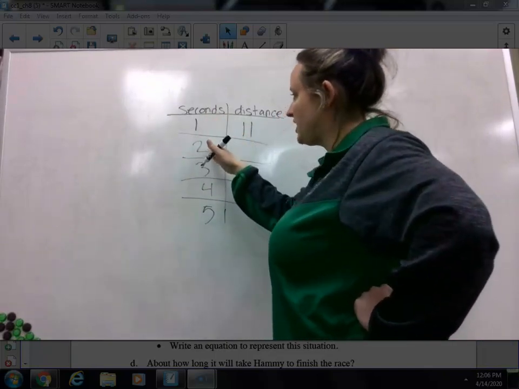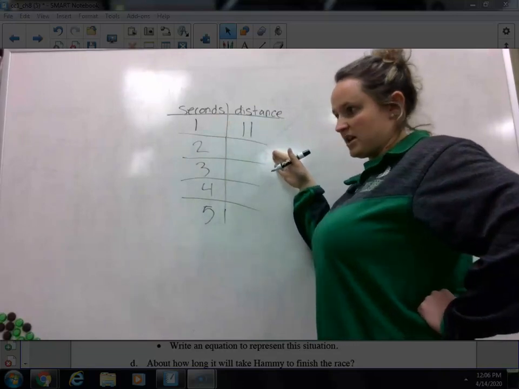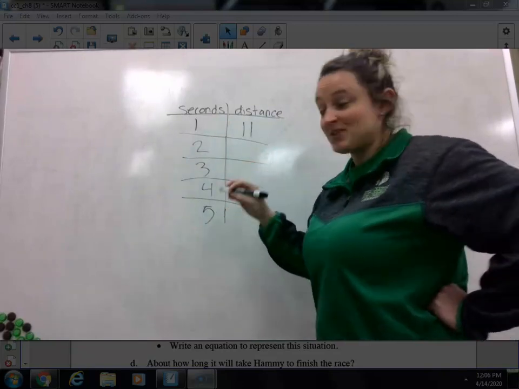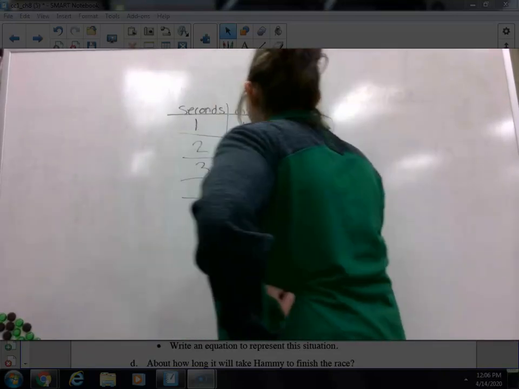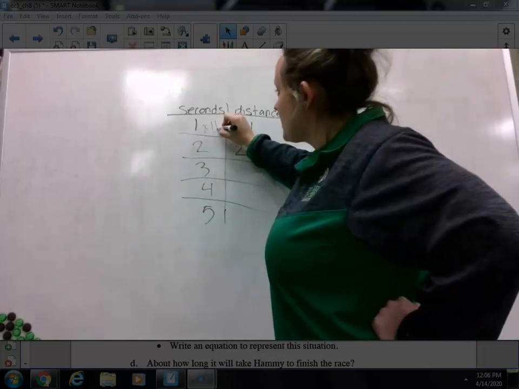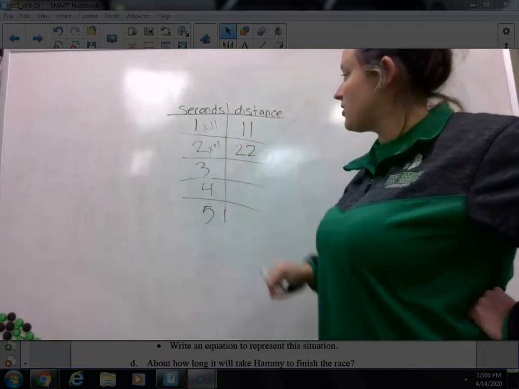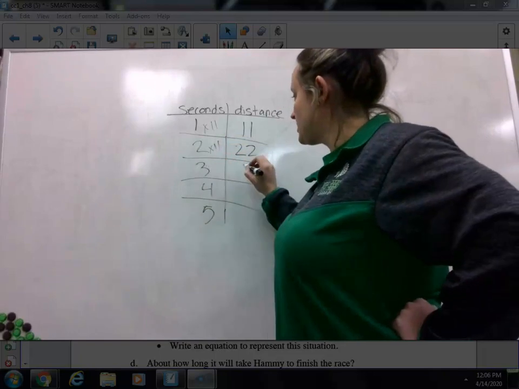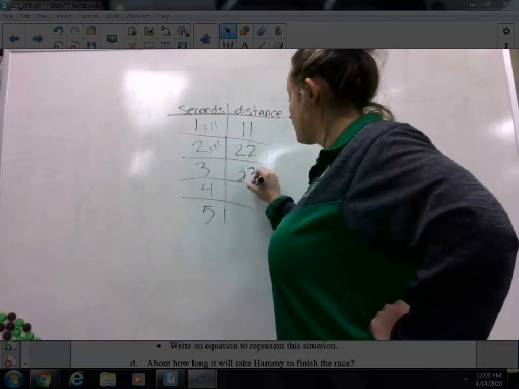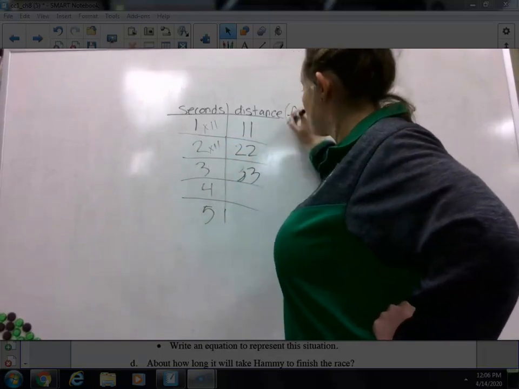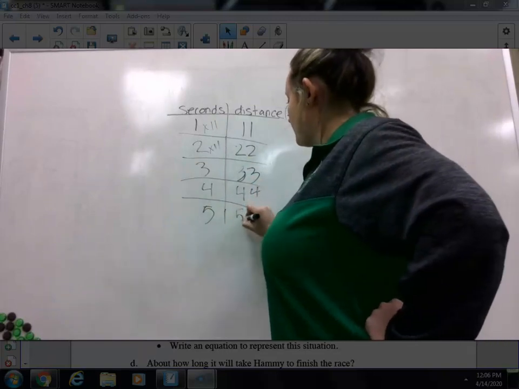So in 2 seconds, how far are we going? 22. We notice that our rule is times 11. So we can go ahead and fill in the rest of our table. 3 times 11, 33 feet, 44 feet, and 55 feet.